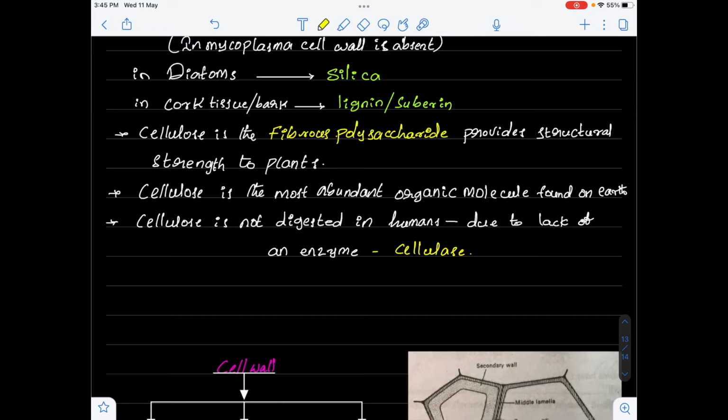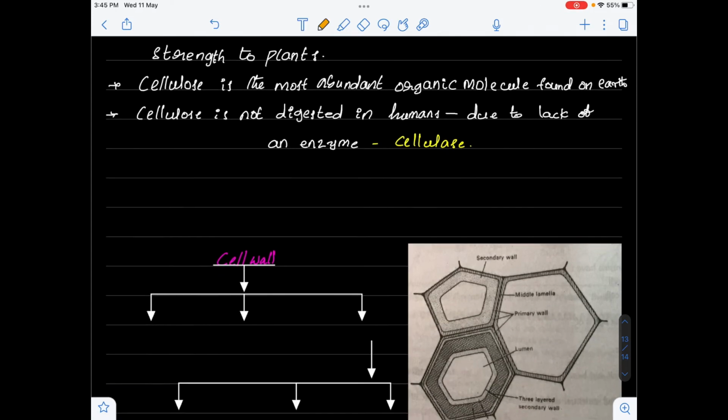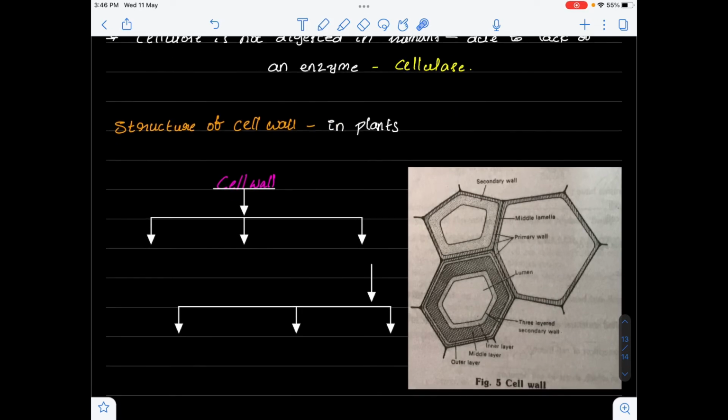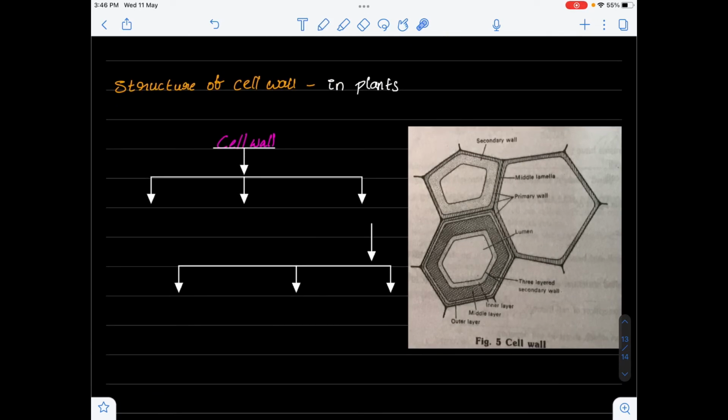Now let us talk about the structure of the cell wall in plants. Look at this diagram.